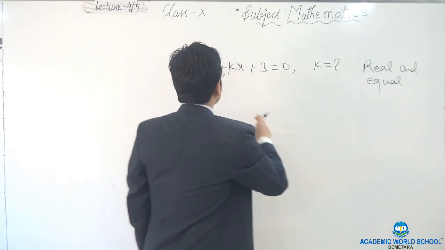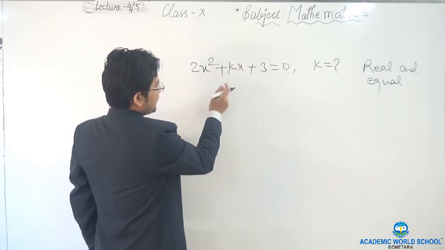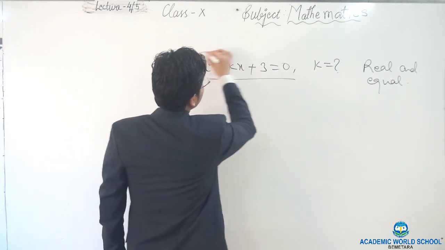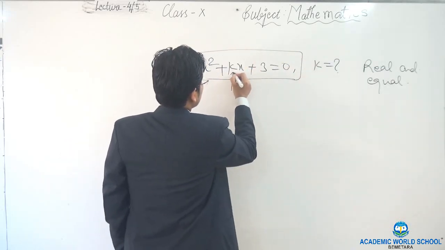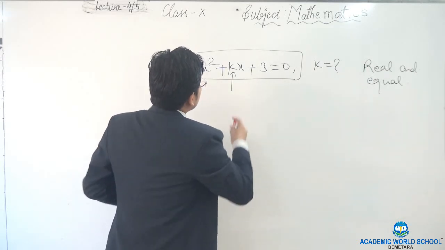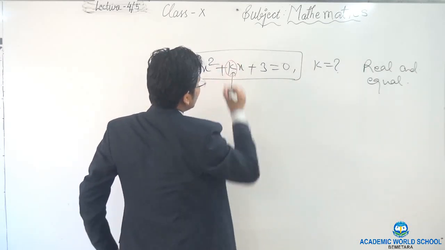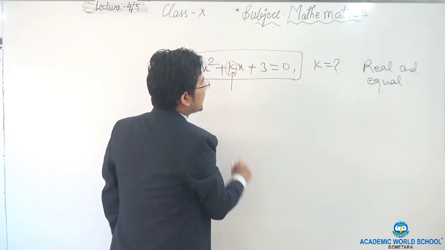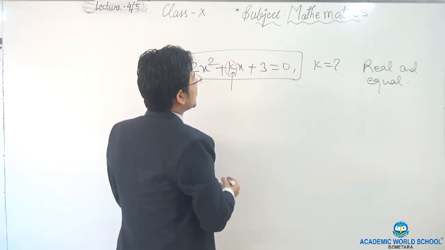Because this k is something which I have to substitute. So the question is, for what value of k does this quadratic equation have real and equal roots?